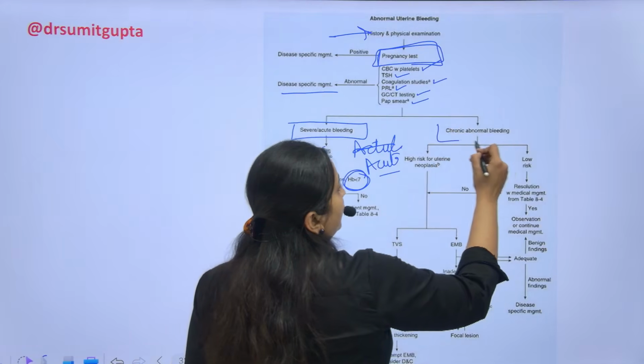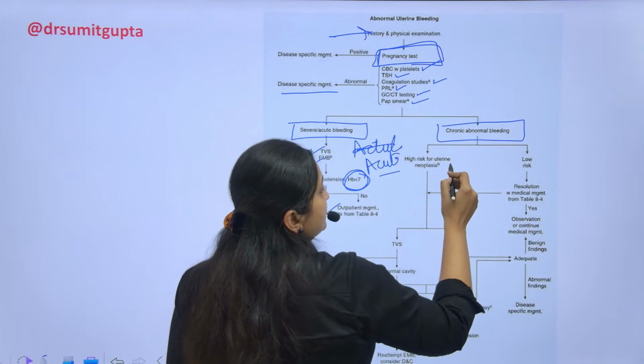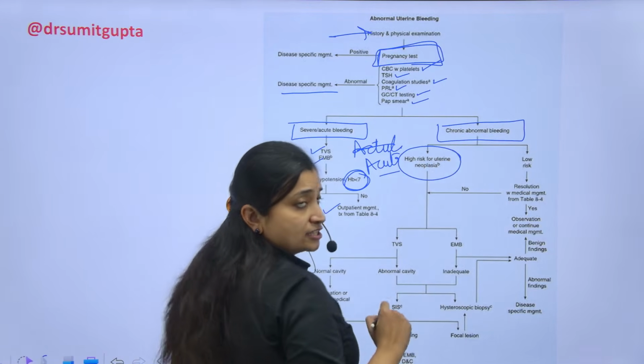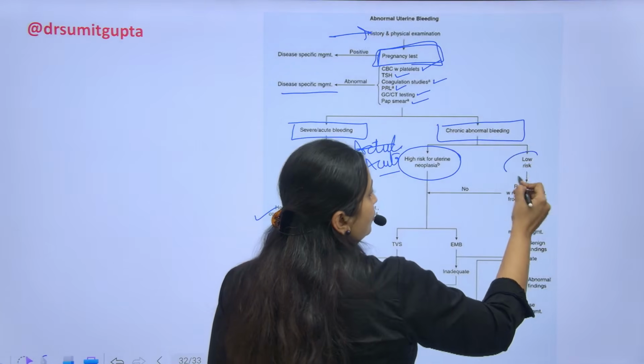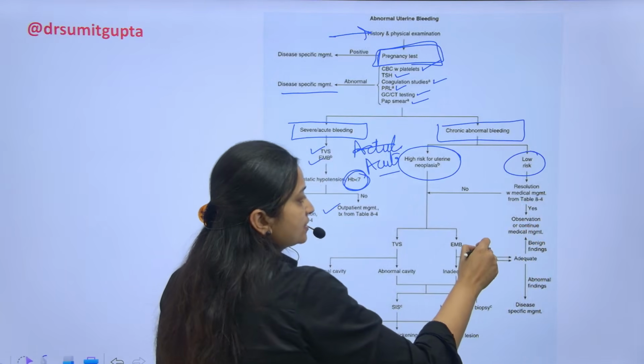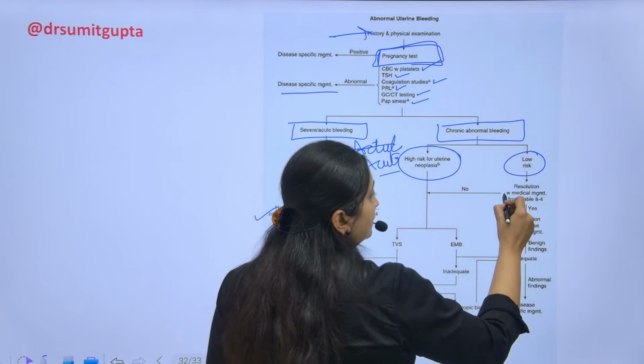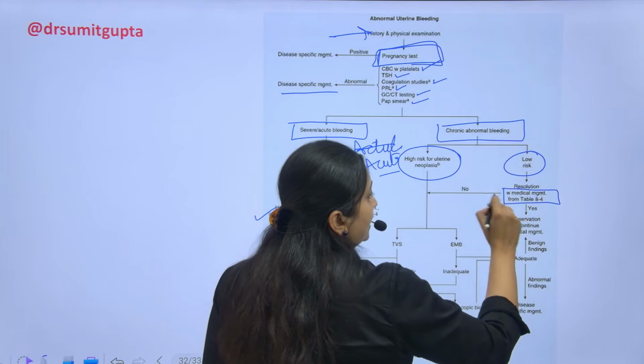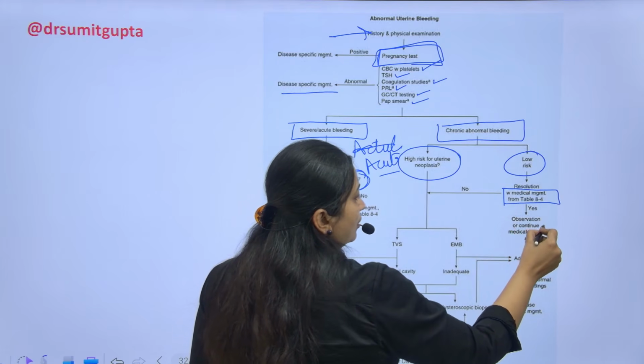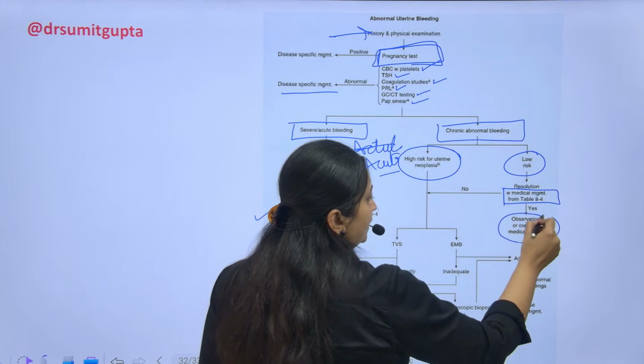Then comes chronic abnormal bleeding. First decide whether the patient is at high risk for malignancy or low risk. If the patient is low risk, then start the medical management immediately and then go for observation or continue medical management.